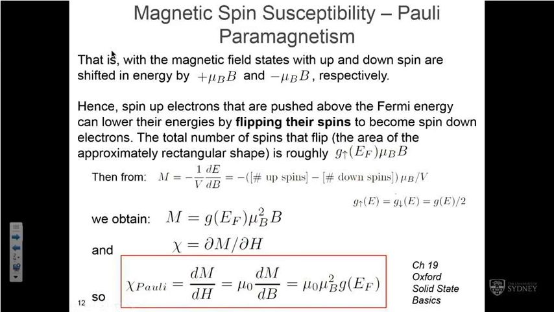And therefore, we can work out the magnetization of these electrons in the presence of a magnetic field. The number of spin-up electrons, remember that rectangle that was pushed above the Fermi level, minus those that are pushed down. And what you get is this here.